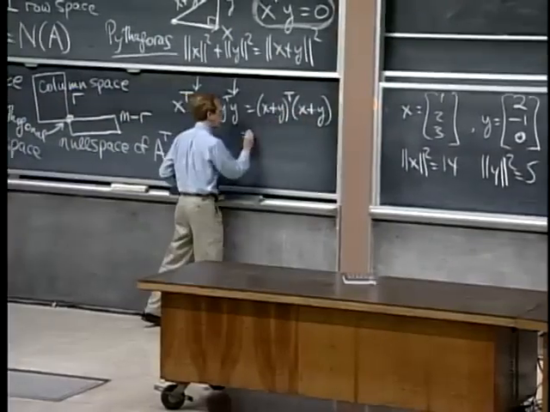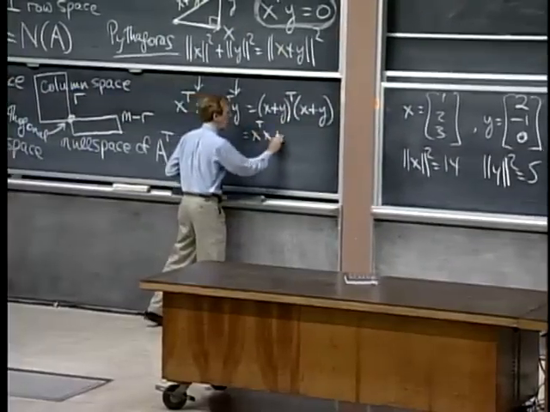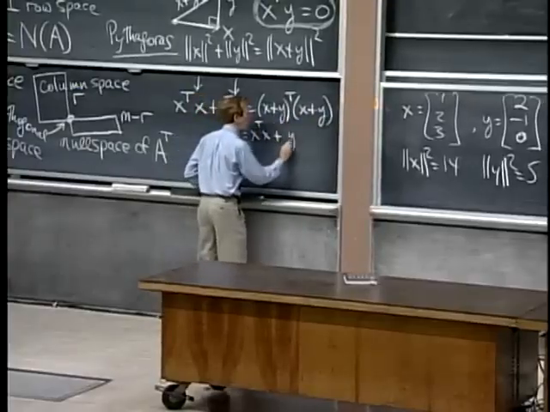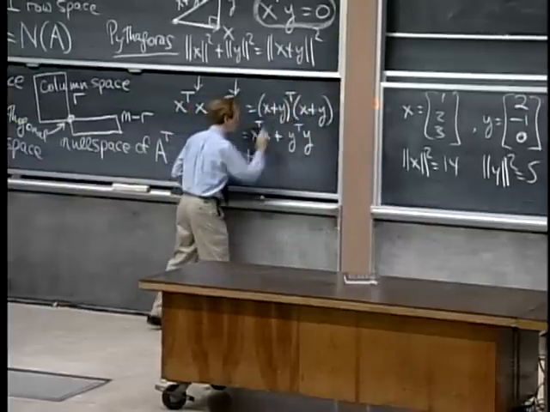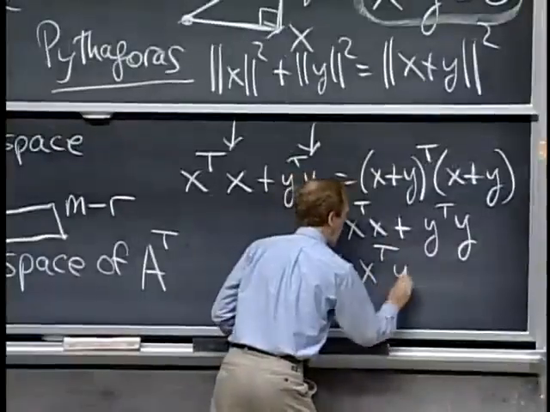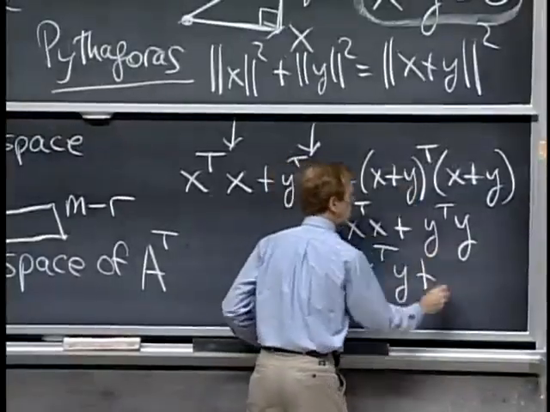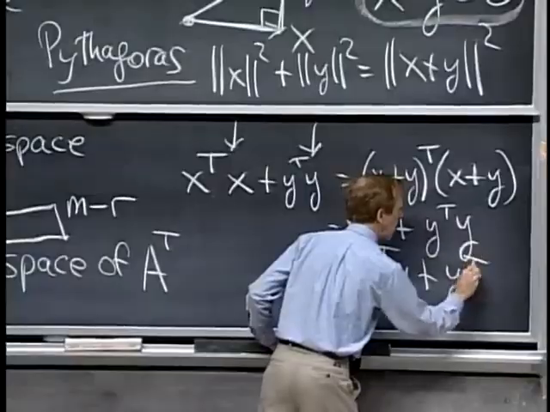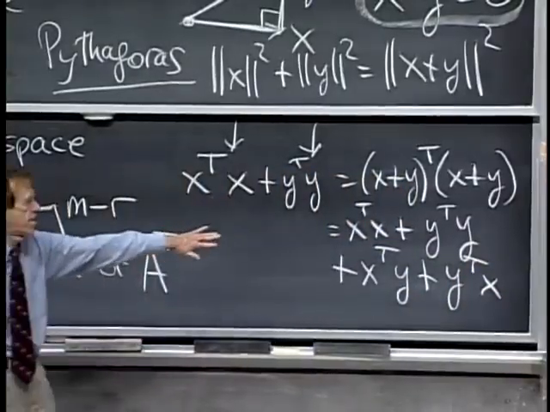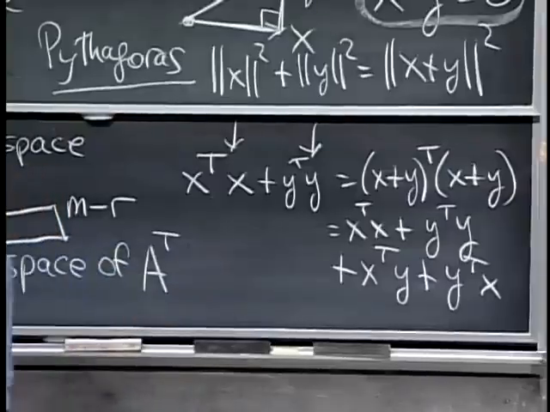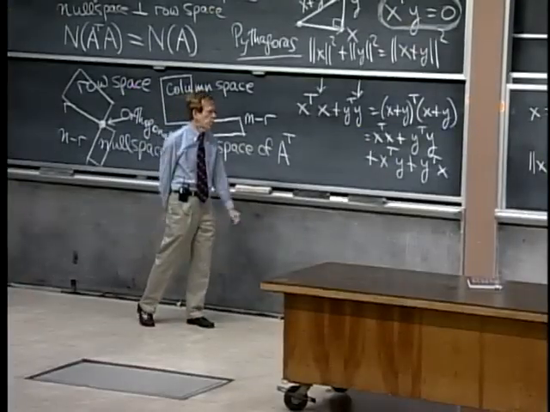There's an x transpose x there, and there's a y transpose y there, and there's an x transpose y, and there's a y transpose x. I knew I could do that simplification because I'm just doing matrix multiplication and I've just followed the rules.